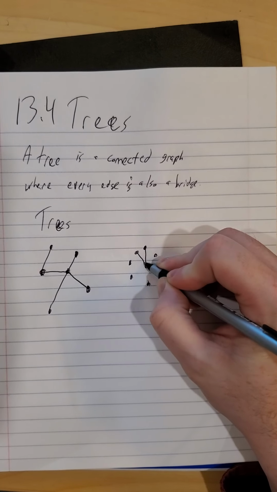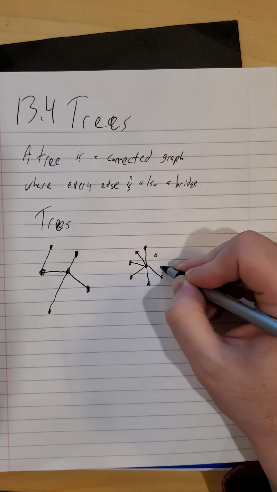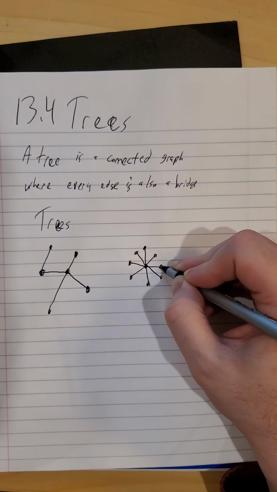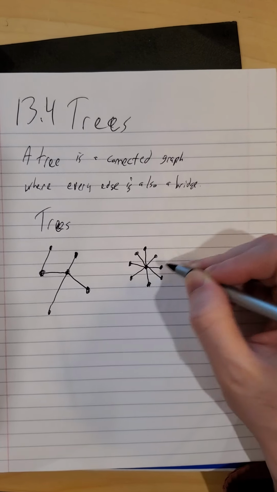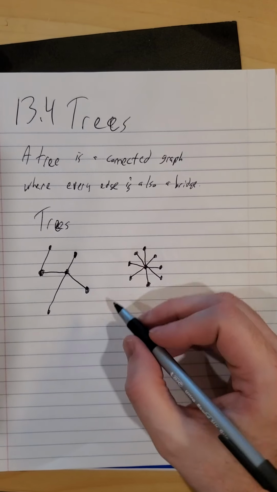Here's another tree. Removing any one of these edges, I no longer have a connected graph in either of these examples.